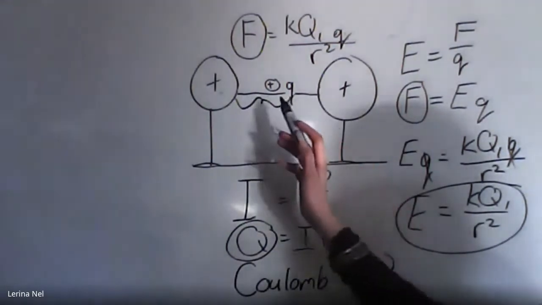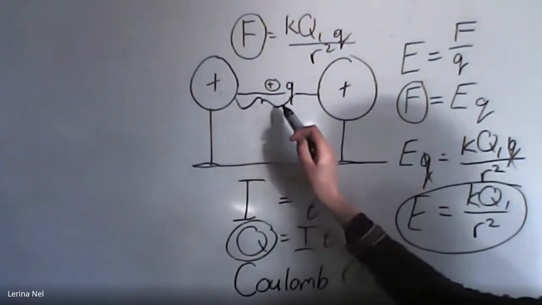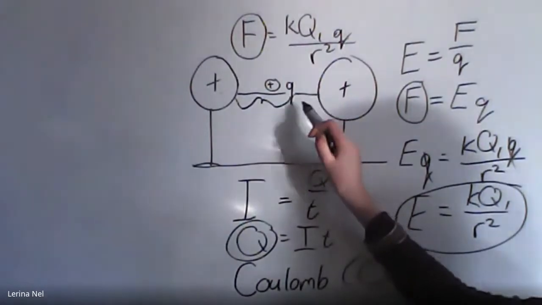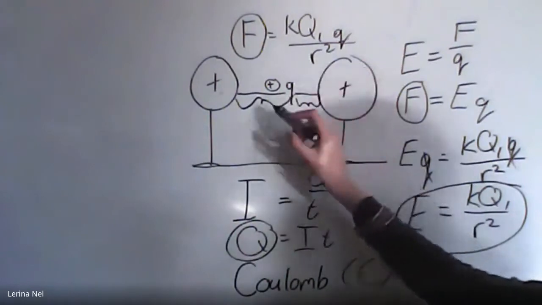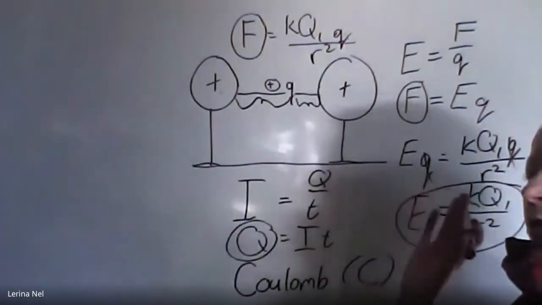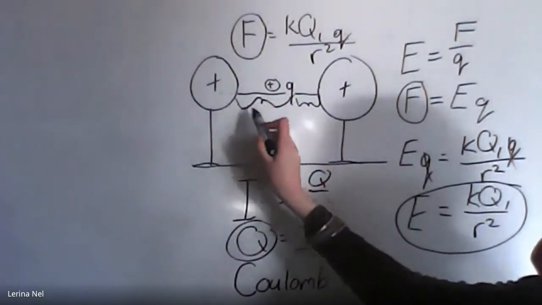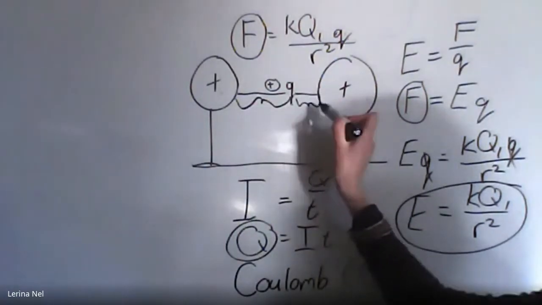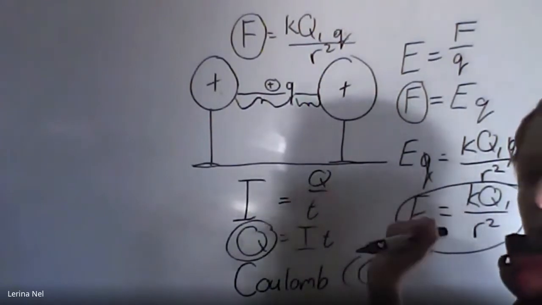Now, because this charge is in between two charges, it will experience an electric field over here, and it will experience an electric field over here. So we can calculate both of these. I'm not going to go into the calculation of the substitution part, that's not what we're doing here today. But you can calculate this answer, electric field, and you can calculate this answer, and then it's similar to solving vectors in one dimension.